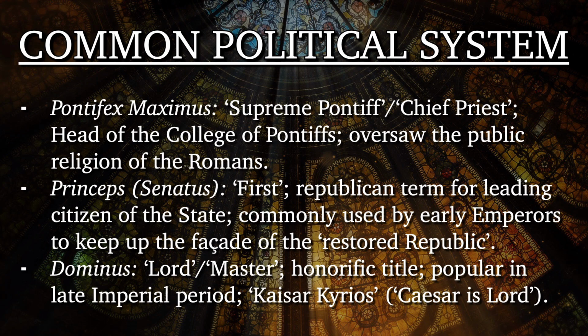So we actually divide the Roman Empire in terms of government into the Principate and the Dominate, which just describes the two major portions of the empire. But it comes up for us in the Greek form Kaiser Kyrios, which means Caesar is Lord. Kyrios is the Greek equivalent of the Latin Dominus. So in Latin it would be Caesar Dominus.